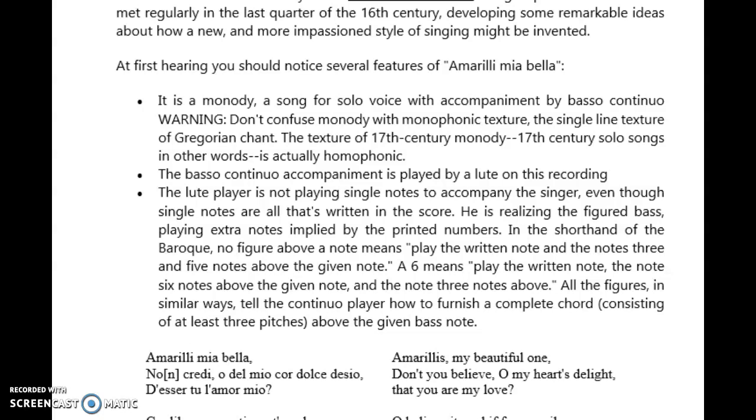All the figures in similar ways tell the continuo player how to furnish a complete chord. Nowadays, when we play the guitar, we get the chord D or G or G sus, and that's written out, and that also implies 3 different notes.